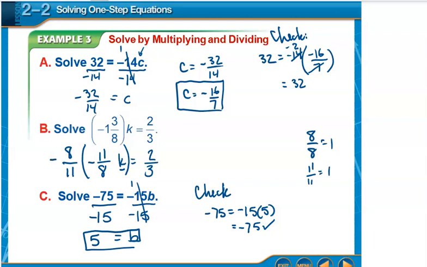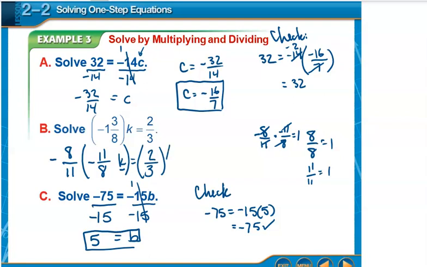So I've multiplied this by the reciprocal because negative 8 over 11 times negative 11 over 8 equals 1. So if you have a fraction in front that's improper in front of the letter, you just flip it over, take the reciprocal. This time I multiplied by a negative because I want a positive 1 when I'm done. But what you do to one side, you have to do to the other.